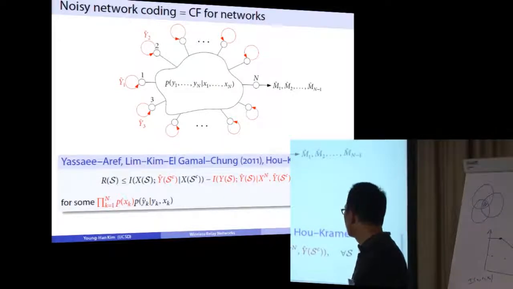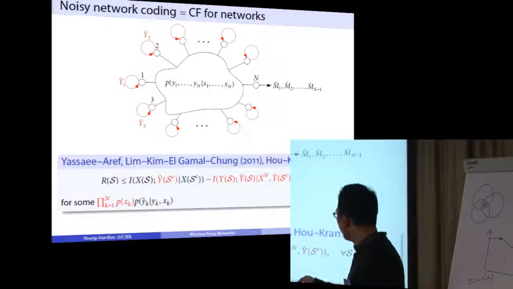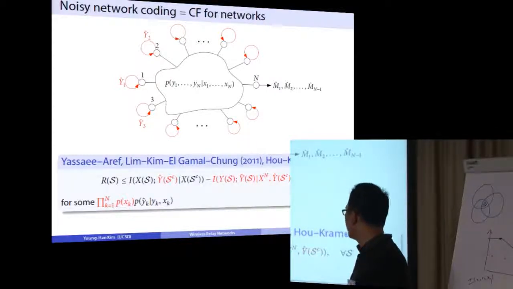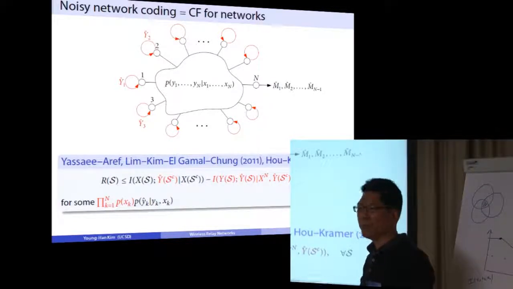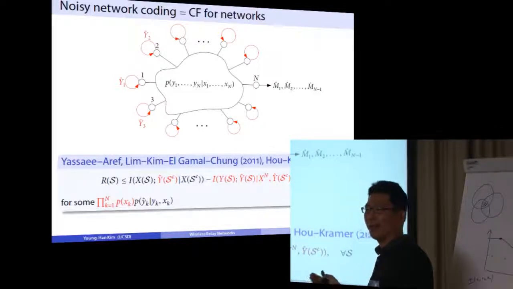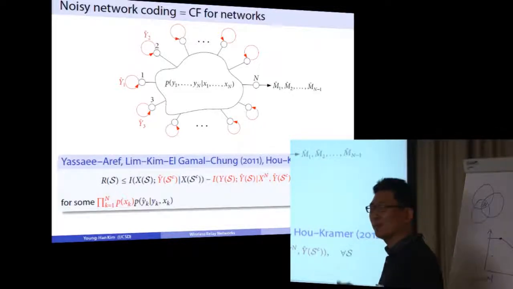So this result was, in a sense, first established by Yassaee and Aref. Not known to many people in the community. So I thought I was doing something different, until lately. Lim, Kim, El Gamal, and Chung published a paper called Noisy Network Coding.